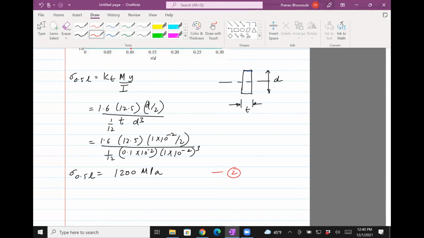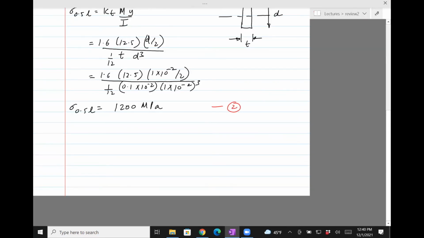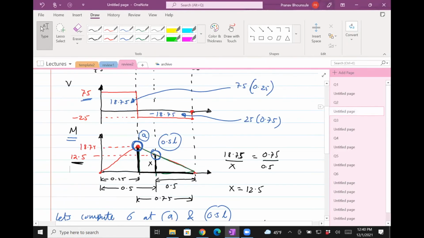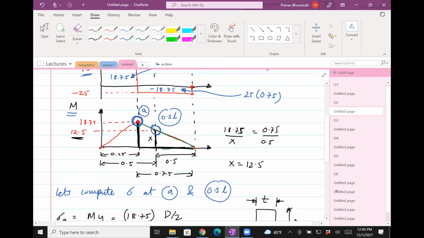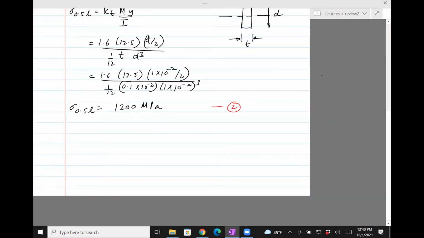Okay, so if you go back and check the stress at A, it's 929, but the stress at 0.5 L, where there's a change in geometry, it's 1200 MPa.